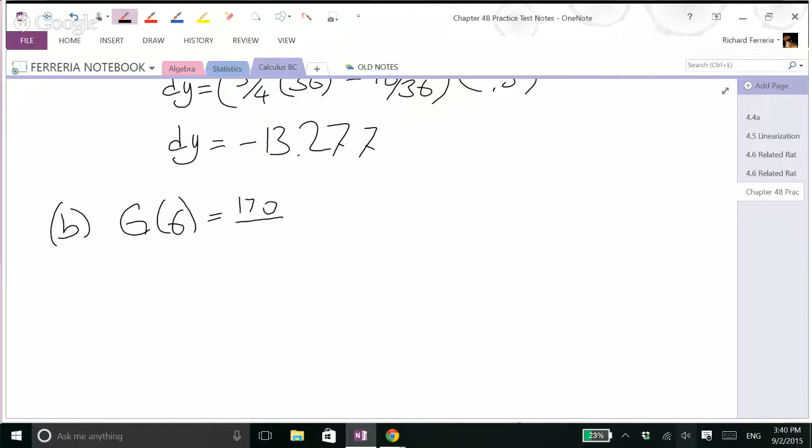That's 170 over 3. And g prime of 6, that's going to be equal to, what is that, 3/4 of 6 squared minus 16 over 6 squared.